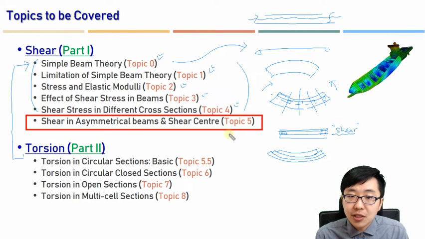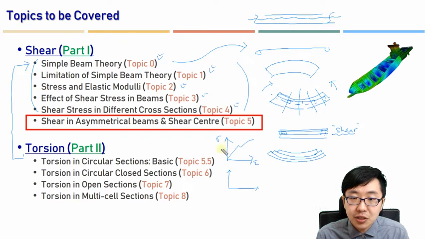From that we need to understand the material behavior, normal stress and strain methods. If we consider shear, this vertical axis will be converted to shear stress and shear strain. We have learned that the slope, or the stiffness, is stress equals E epsilon, where E is the elastic modulus.